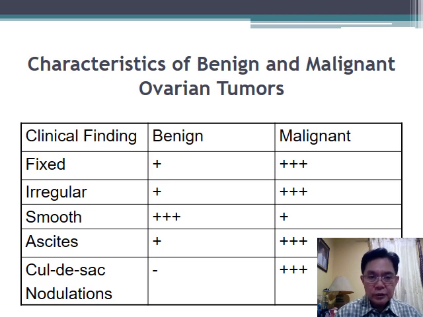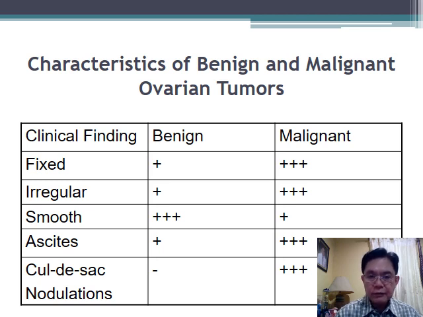Ovarian tumors with irregular borders are commonly associated with malignant conditions. However, those with a smooth surface, as we have demonstrated in the abdomen of the two women that we presented earlier, the first one, correlates more to a benign condition.